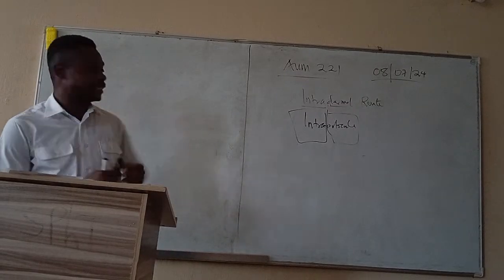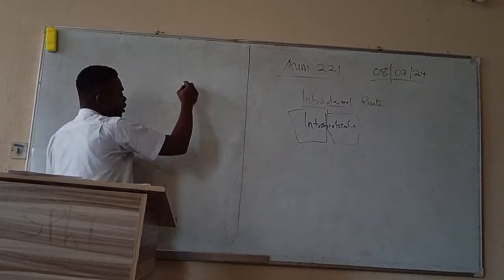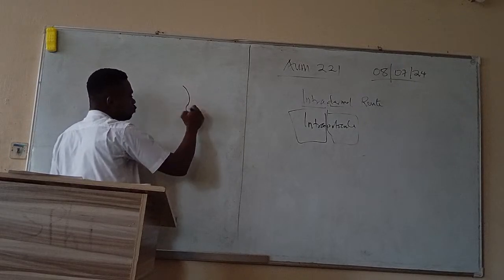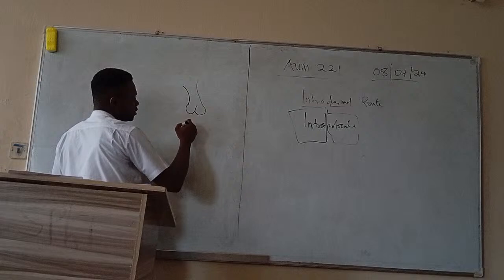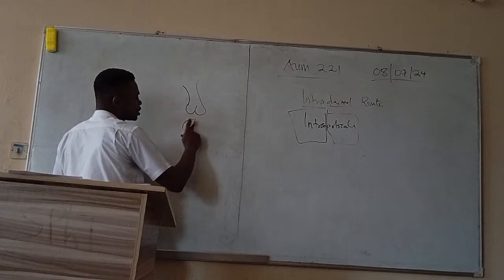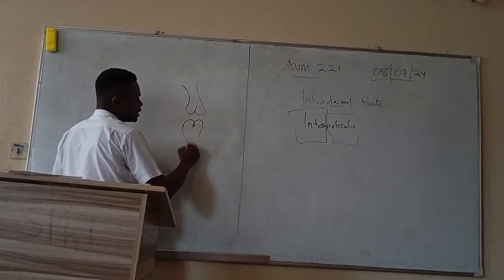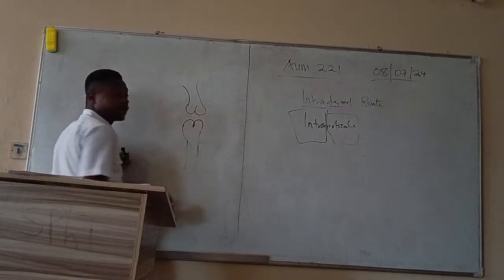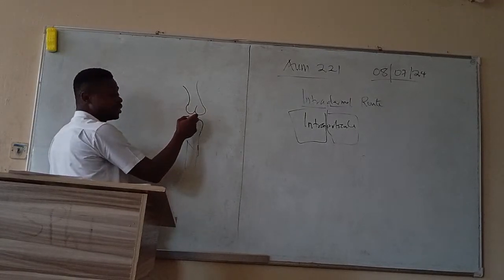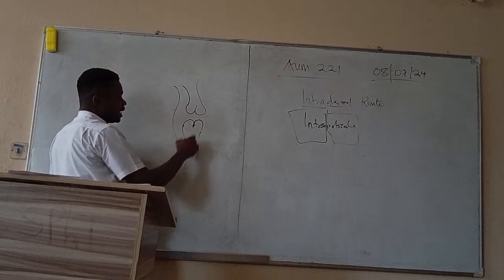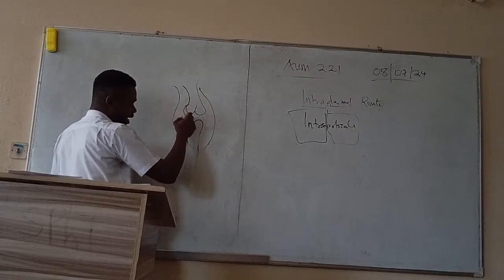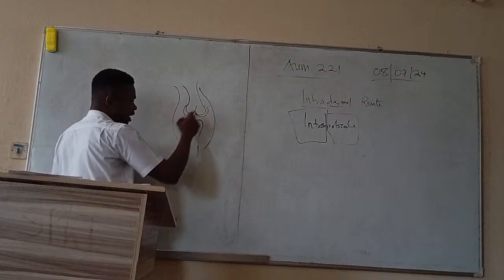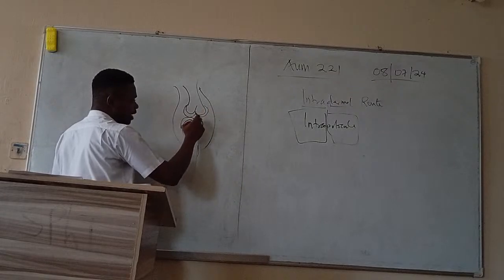You know that a joint is where two bones meet, right? That's what we call a joint. Let's assume these are the two bones. They meet in a joint here, and they are covered by muscles and ligaments. At the edge of this, you have the cartilage.